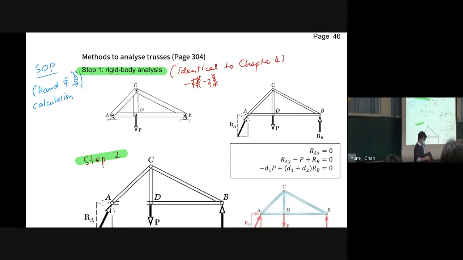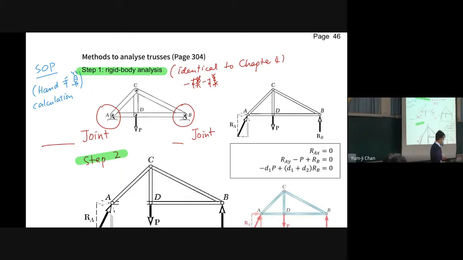In this problem, we have points A, B, C, and D. What is the type of support at point A? And what is the support type at point B? That's the first question.